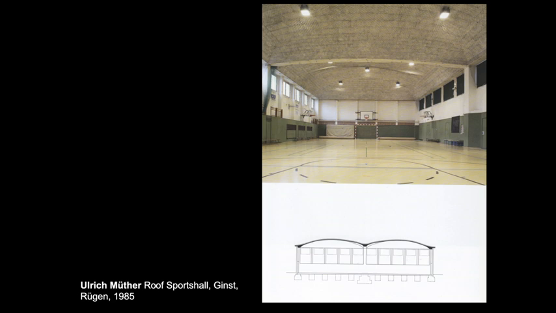It looks more spectacular than it really is. You can't really find it on the island. It's very hidden somewhere. But when you come into this hall, you see this fantastic roof without any columns, and great enough for a sports hall.